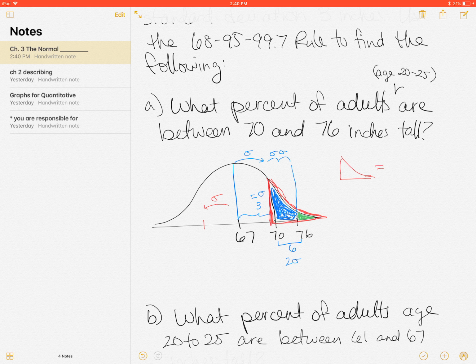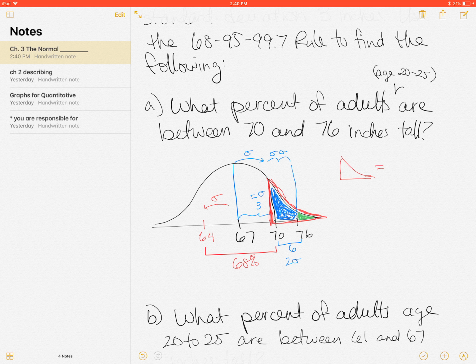Since the 70 is 1 standard deviation above the mean, we know that from this number, which isn't important, but let's write it down anyway, 67 minus 3 is 64. That's 1 standard deviation below 67. So, since this is 1 standard deviation up and 1 standard deviation down, we know that's 68% of our data.